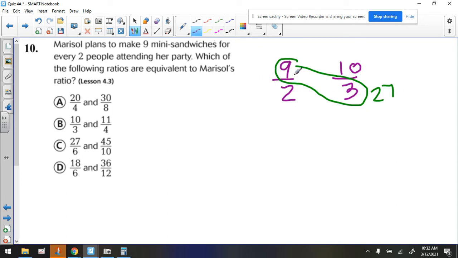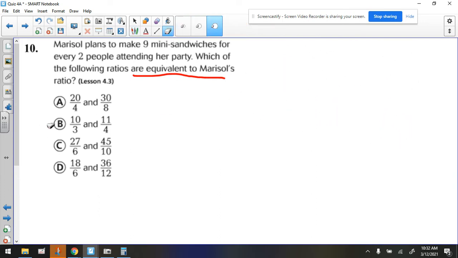This cross product going up, let's use a different color, is equal to 20. So these two things don't match. If the cross products are not equal, then the two ratios are not equal. So that means that this is not equal to Marisol's ratio. And remember, they're asking which of the following ratios are equivalent to Marisol's ratio. So B is off the table. Let's take a look at choice C.